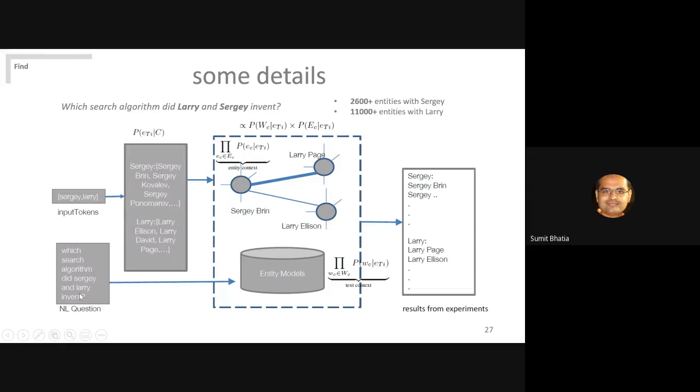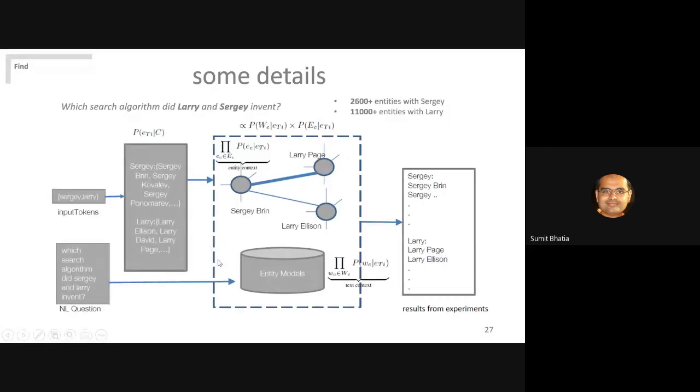And then you have another source of information, which is essentially just the text from Wikipedia. What the text from Wikipedia does is it takes the input question, which search algorithm did Larry Sergey invent, and effectively the key here is the search algorithm. It figures out which of the Wikipedia pages of these persons, Sergey Brin, Larry Page, Larry Ellison, has the highest probability of this keyword search algorithm being present.